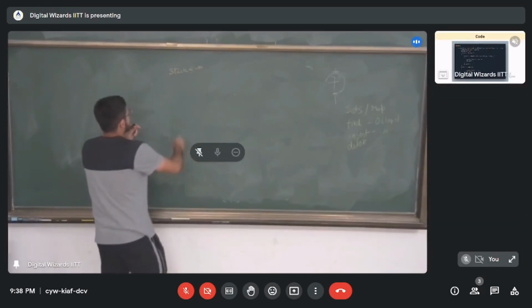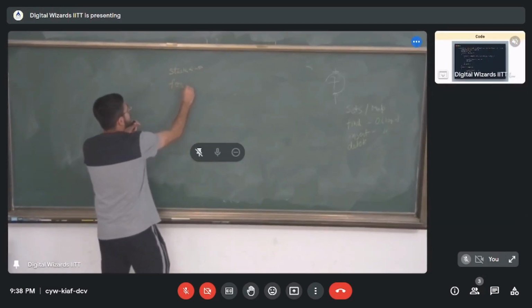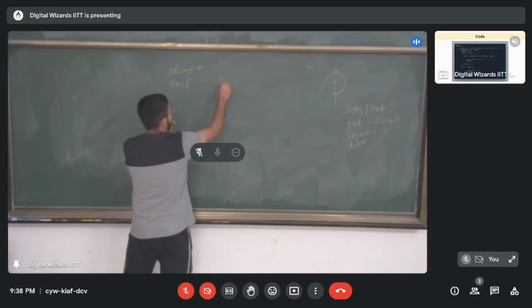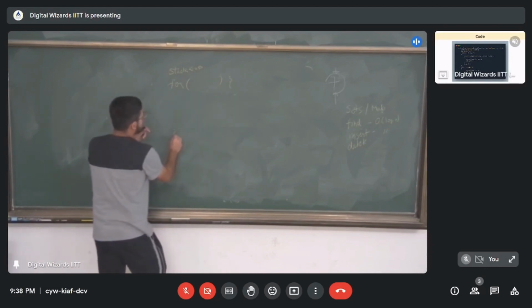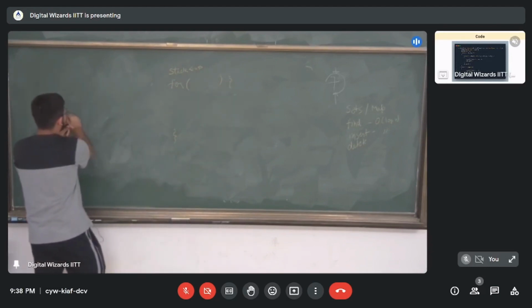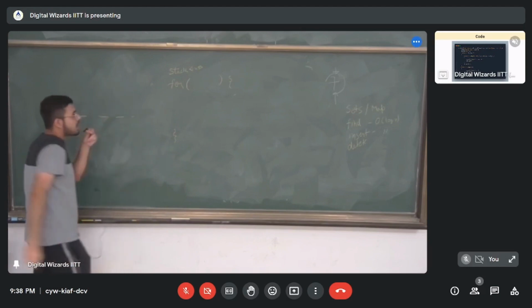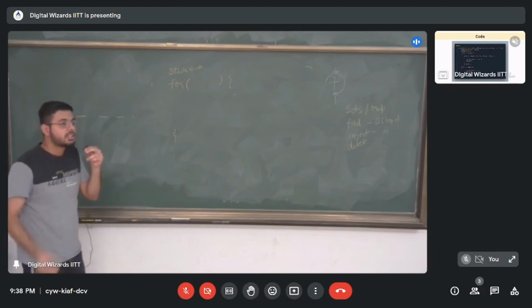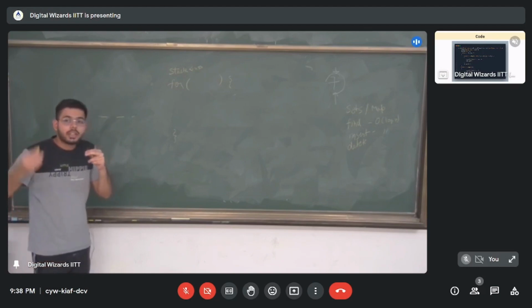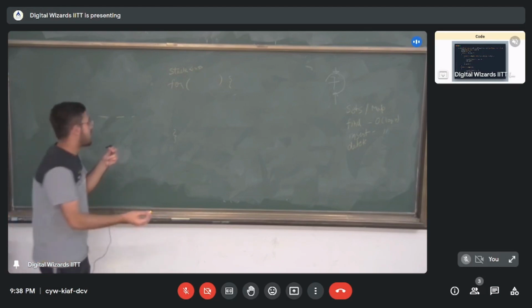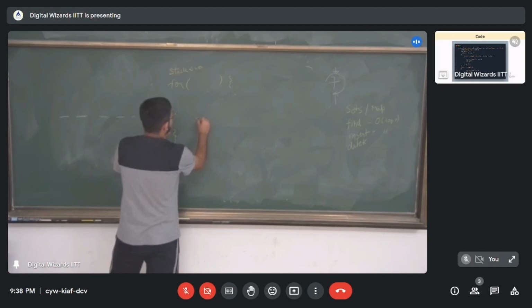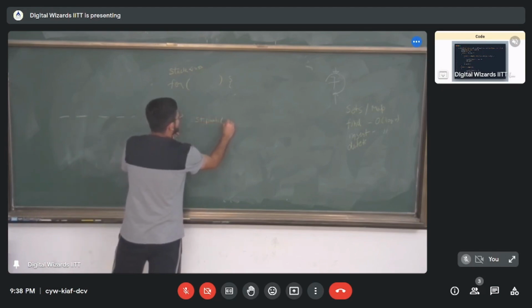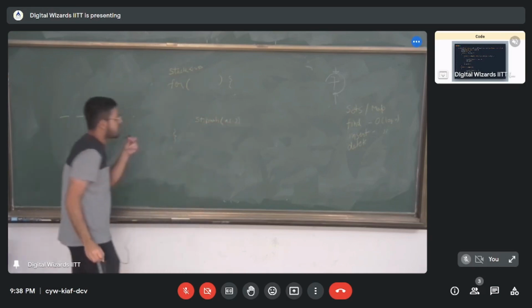The next thing you are going to write is a for loop, the normal for loop. We'll iterate over whatever array is given to you. As I mentioned in the first point, we want to maintain that data structure, so our first thing would be adding to that data structure. So we'll add our element, let's say of I, right?